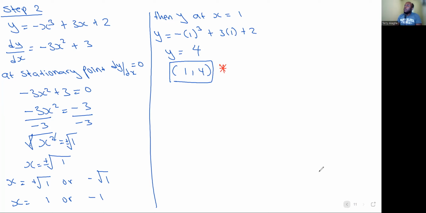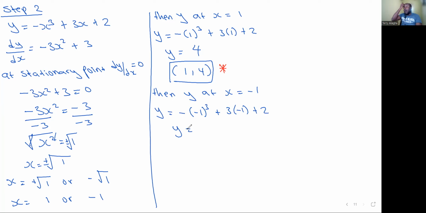Okay? Now the next one is that we're going to look for what y will be at x equal to minus 1. Does that make sense? So the same thing, you substitute minus 1 into this. Anywhere you see x, you put minus 1, plus 2. Then you get y equal to 0.